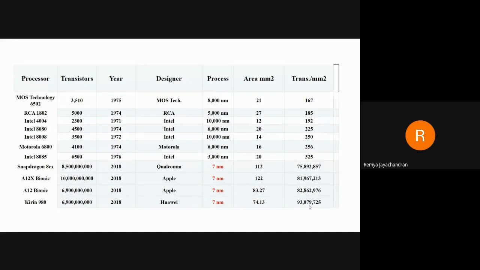You can see the transistor density, the area of the chip, and the number of transistors in that particular chip. So the scaling of this MOSFET and the new device architecture made this a reality.